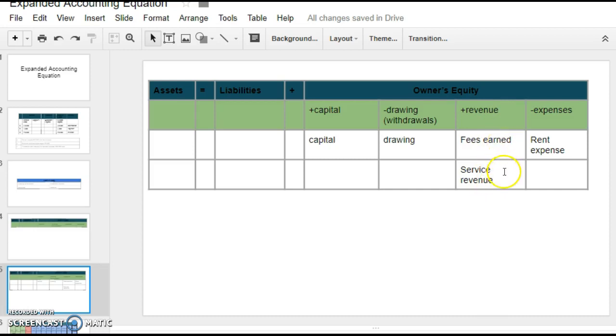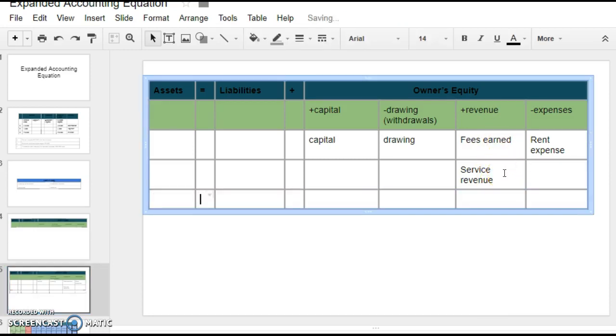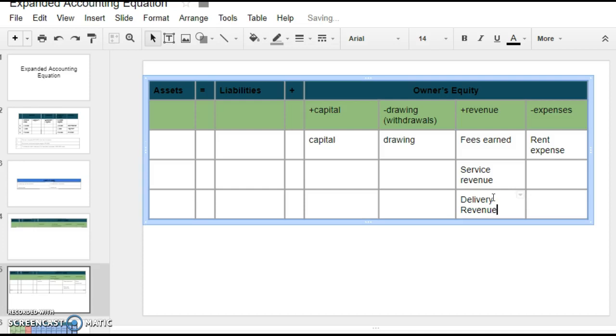You could have fees earned, service revenue, delivery revenue, and the list goes on and on. And then you've got your expenses, and we do have to separate them. We've got rent expense, advertising expense, utilities expense, and the list goes on and on. So we're going to keep track of each of those separately.